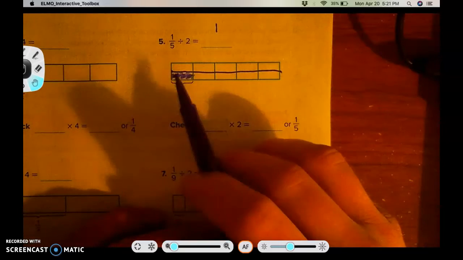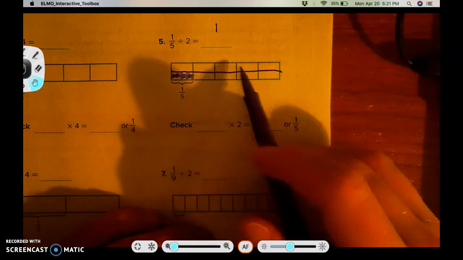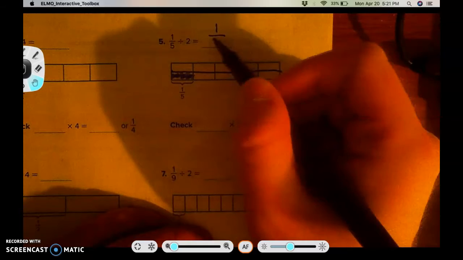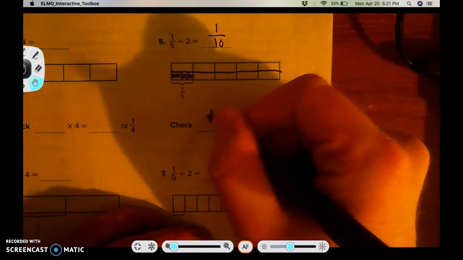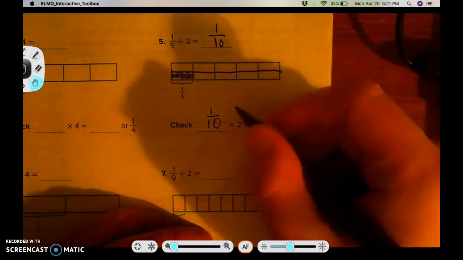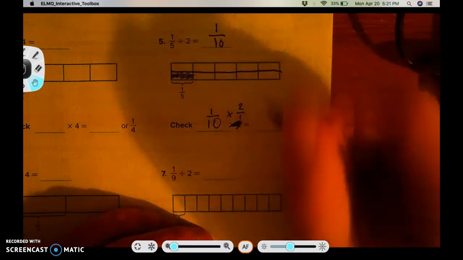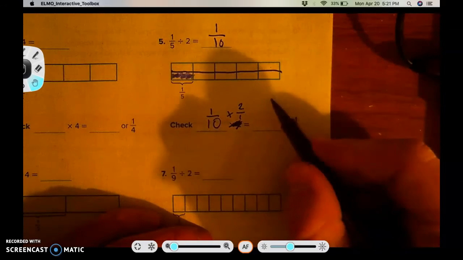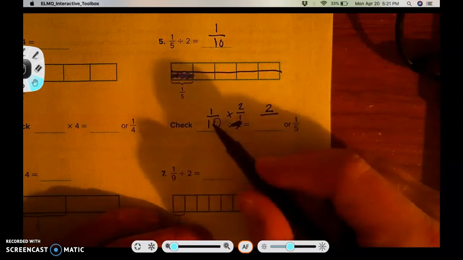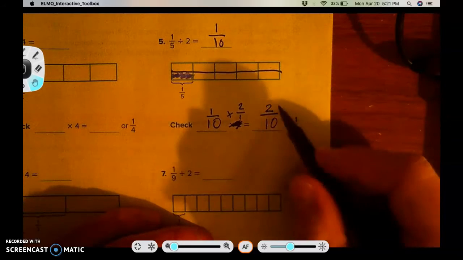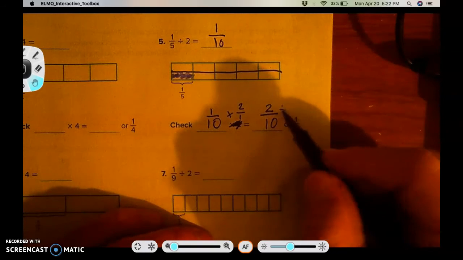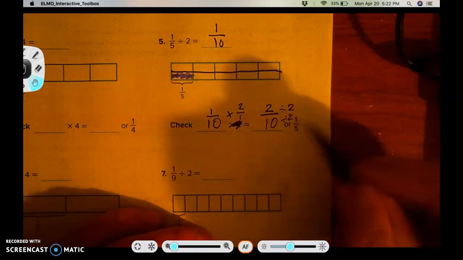How many do I have in total? 1, 2, 3, 4, 5, 6, 7, 8, 9, 10. Or 1/10. If I want to check it using multiplication, I can write 2 as 2 over 1, same thing. Now I multiply straight across: 2, and straight across: 10. Simplified, I divide them both by 2, 1/5.